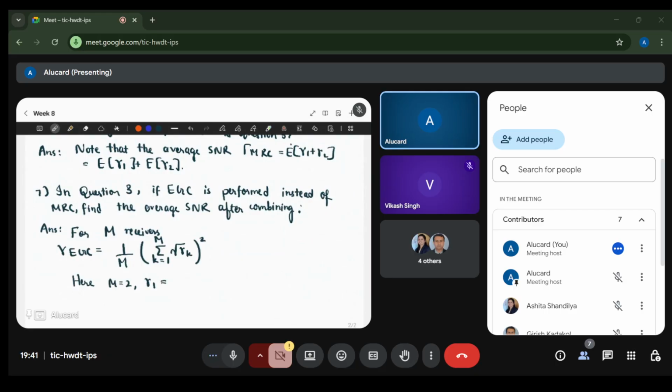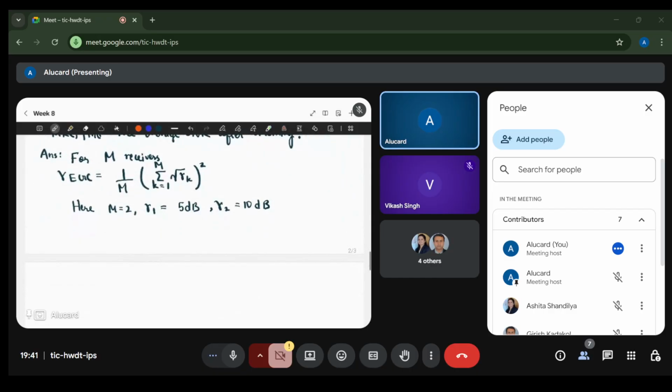And gamma 1 is 5 dB, gamma 2 is 10 dB. So try to find out the average SNR. Okay, here this is not the average, this is the instantaneous value. So average SNR is the expected value of that.